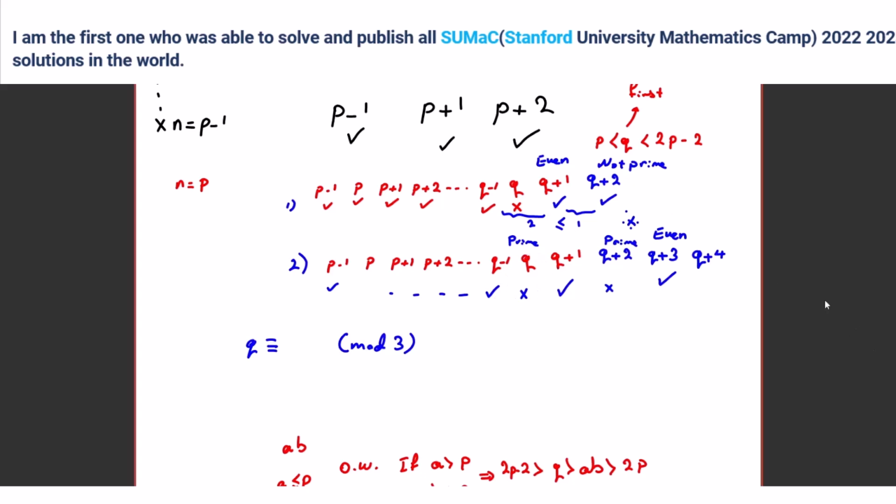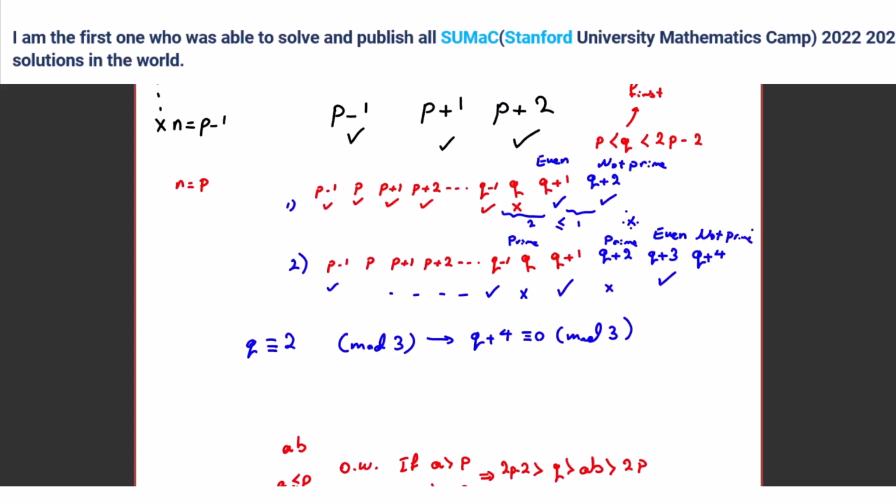Oh no, sorry, I thought you were asking about q plus 4. Because q and q plus 2 both are primes, if q is 1 mod 3, then q plus 2 is 0 mod 3, so because of this, q plus 4 is 0 mod 3, right? Then this one is a composite number, okay? It's not prime.